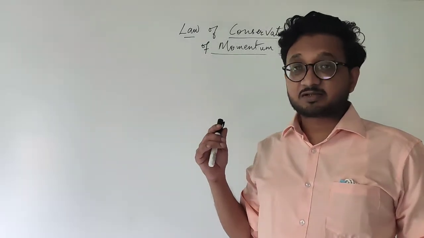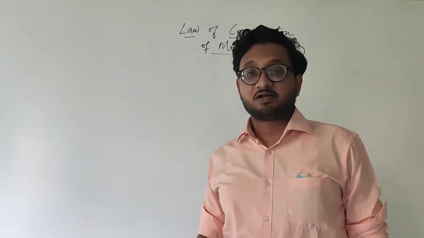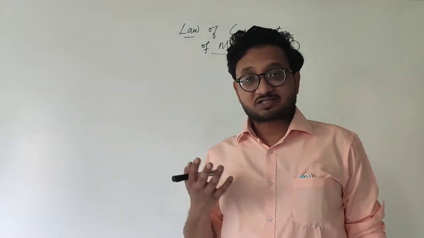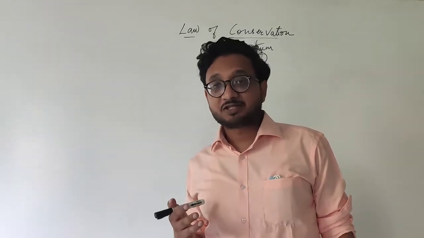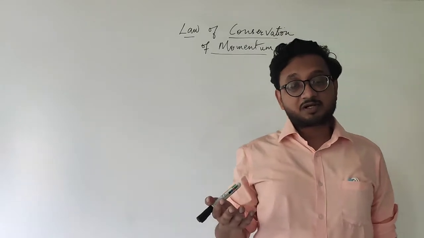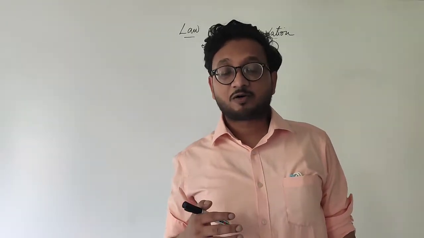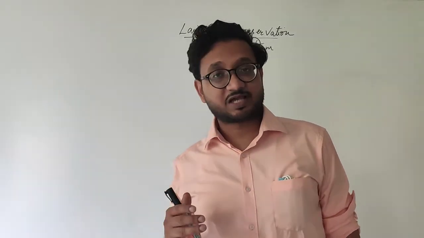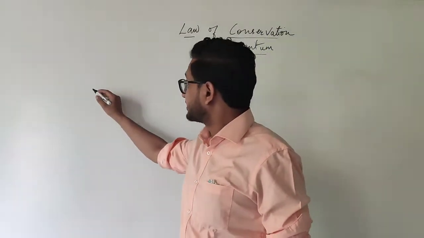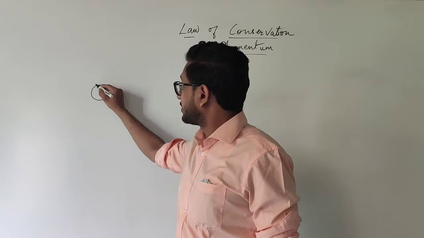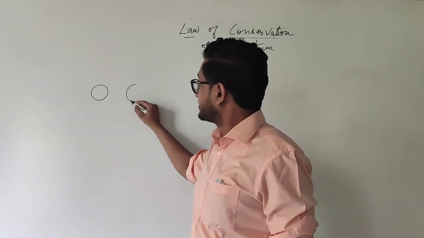The statement for this law is that if two objects are in collision with each other, or they are in interaction with each other, then the initial momentum and the final momentum of both of these bodies remains the same. That means if we have a certain object, let's say that this is an object and this is another object.